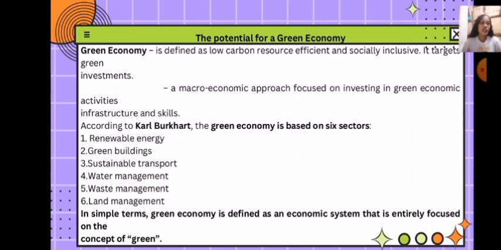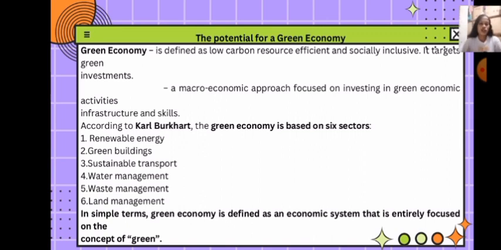Instead, it is a natural process or natural source that is constantly replenished. Examples of renewable energy are solar energy that comes from the rays of the sun, wind energy like windmills, geothermal energy that comes from the land, and hydropower energy where the source of energy comes from the water.